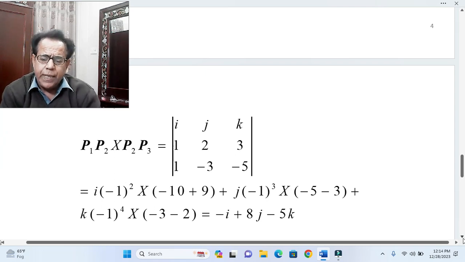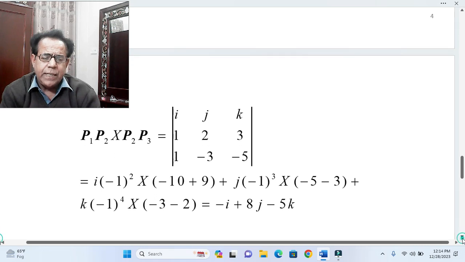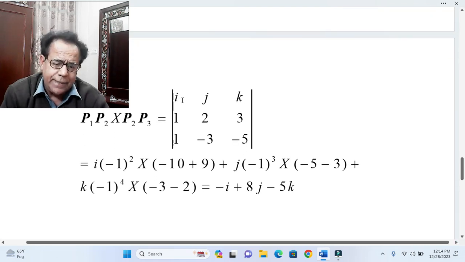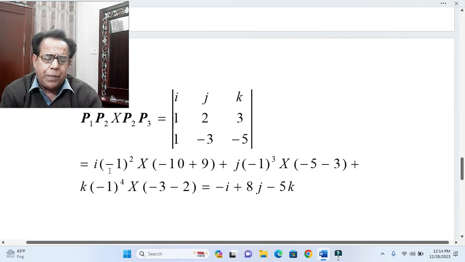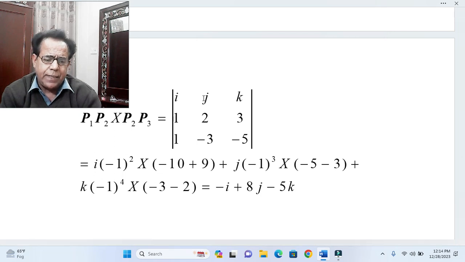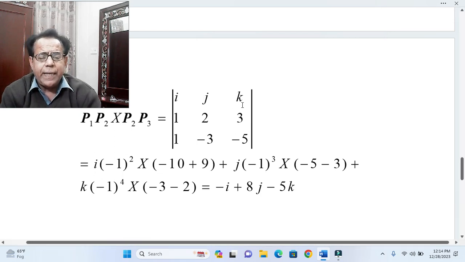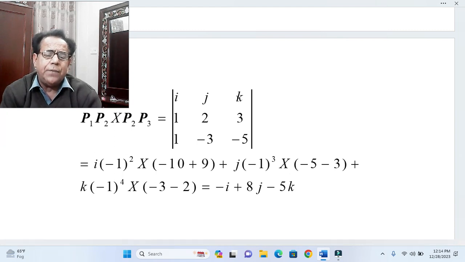With i the sign will be plus, because minus 1 raised to the power 2 is plus, while with j the sign will be minus, because j occurs in the first row and second column, so 1 plus 2 is 3, and an odd power of minus 1 is minus 1. For k the sign will be plus because it occurs in the first row and third column, so 1 plus 3 equals 4, which is even, and an even power of minus 1 is always plus 1.